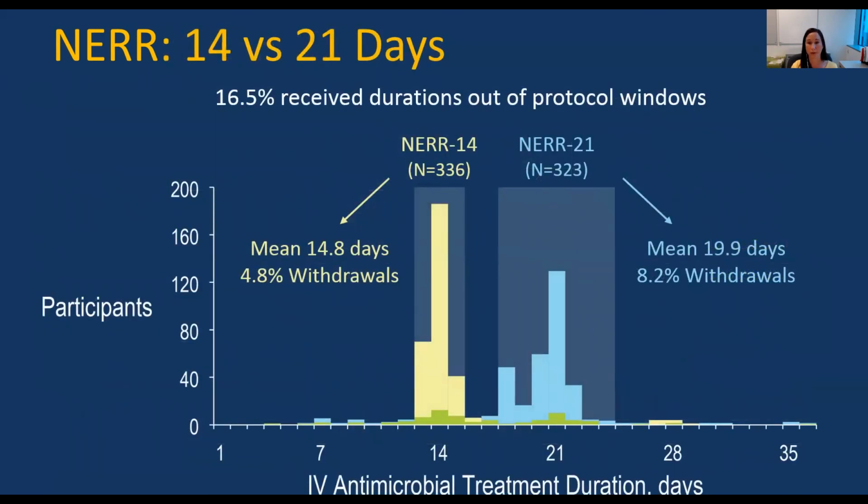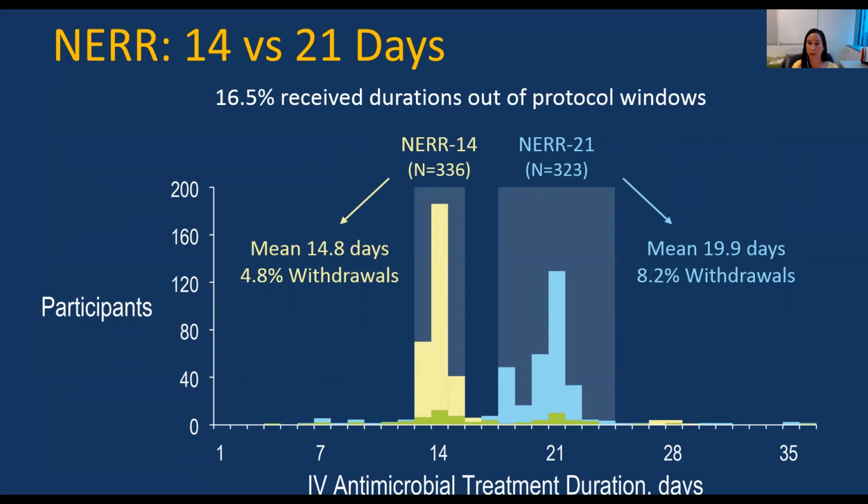Here's that slide showing the histogram of actual IV duration each participant received. So those randomized to the 14-day treatment were allowed plus or minus 1 day to be still within protocol. 11 individuals stopped treatments prematurely, while 42 went long in that 14-day arm.